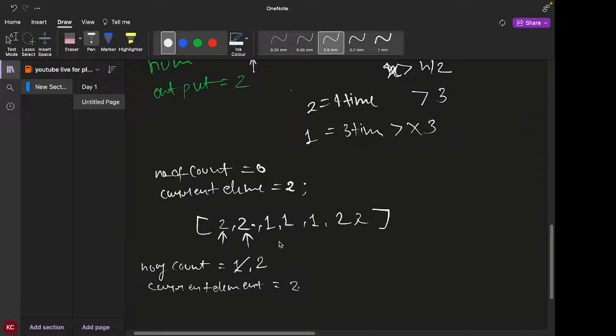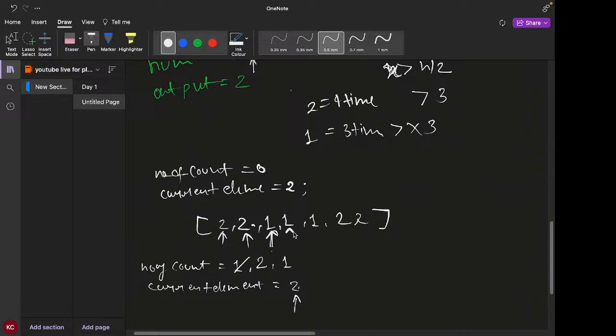The count becomes 2. Again I move on to the third element. Here the element is 1 and the current element is 2, which is not the same, so I subtract the count by 1, and it becomes 1 again.